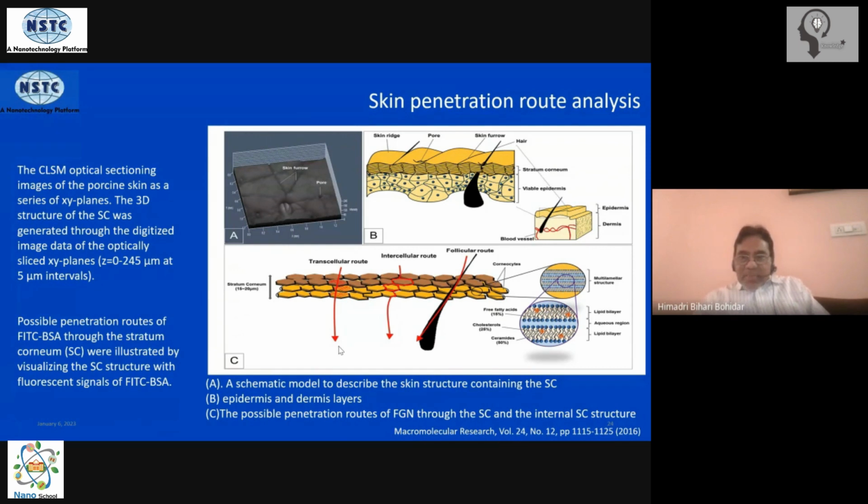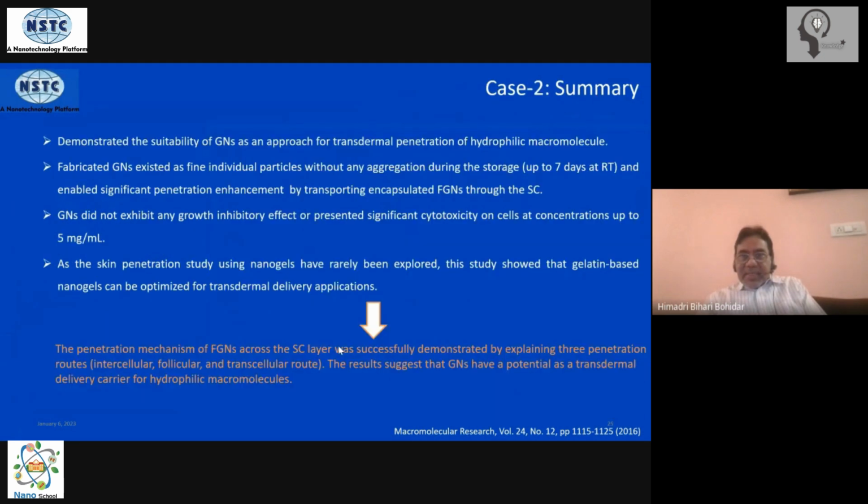So in these model experiments, all these possibilities were exhausted, and one definitive conclusion was given from this experiment: it is possible to deliver model drugs deeper into the SC by choosing delivery through the nanogel mechanism, which was not possible when we did not use the nanogel.